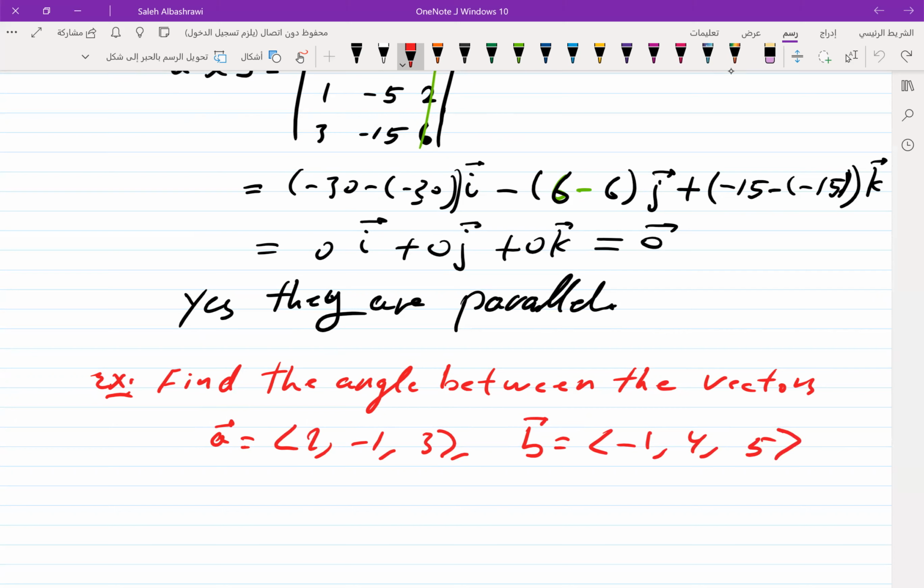I need to find the angle between these two vectors A and B.